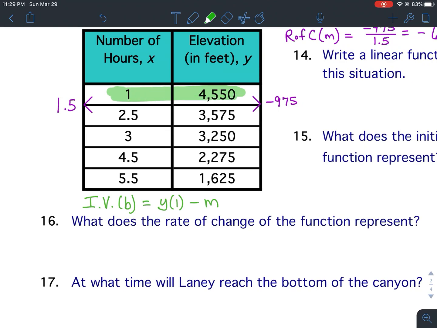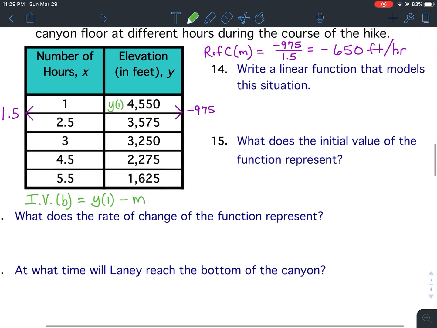Right there's that information. Here is where x is 1. There's my value of y. So let's put y with 1 in the parentheses. So 4,550 is the value of y when x is 1. We're going to take that number and we're going to subtract our slope.